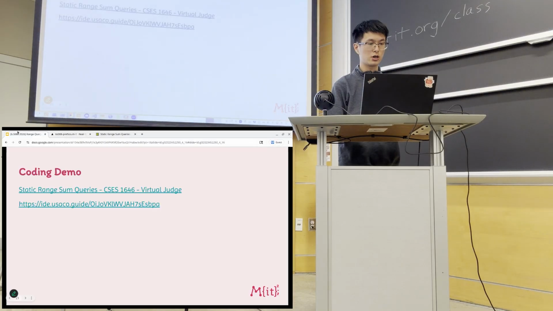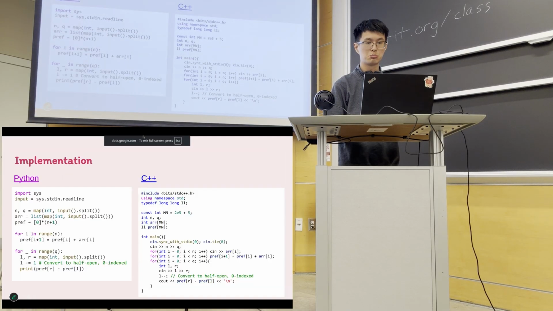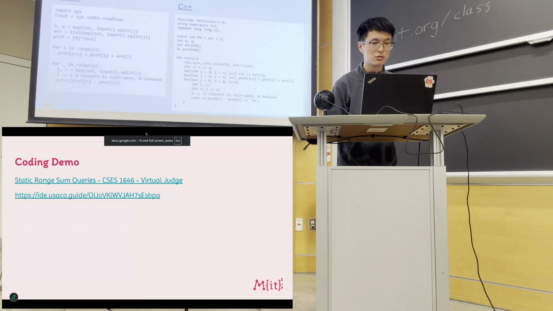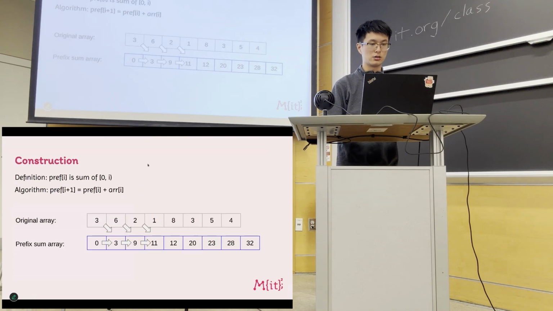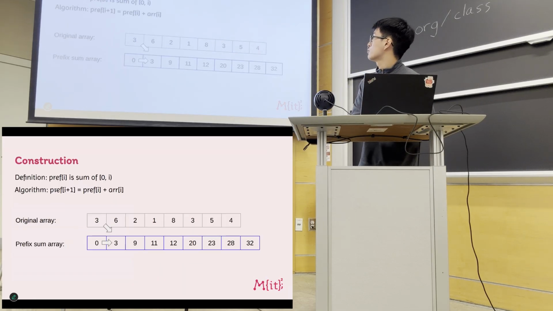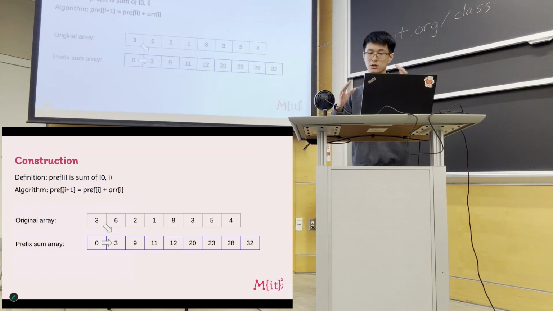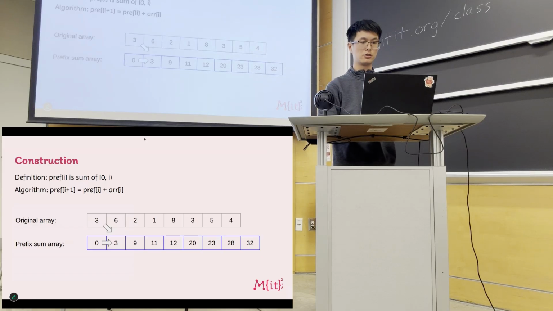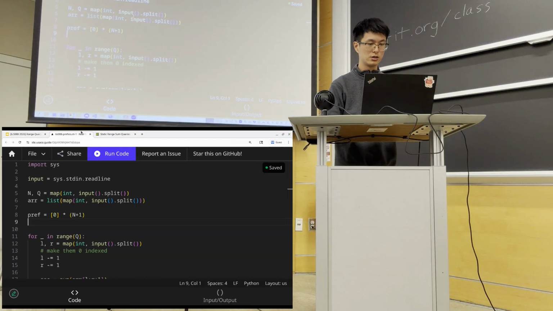So we can use our construction equation here where the prefix of i plus 1 is the previous prefix plus the current element, to construct our prefix sum array here.